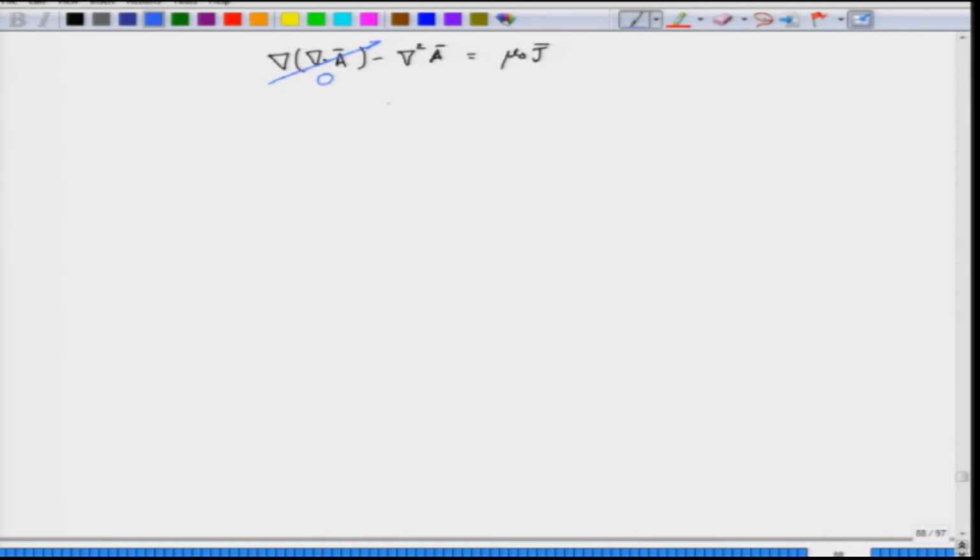So I get a simplified equation which says that del square A is equal to minus mu naught J.